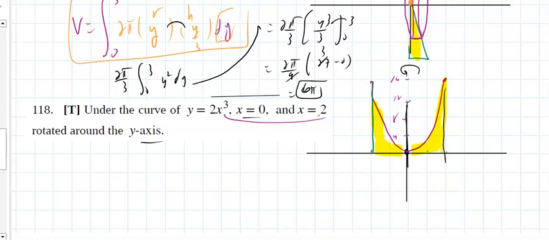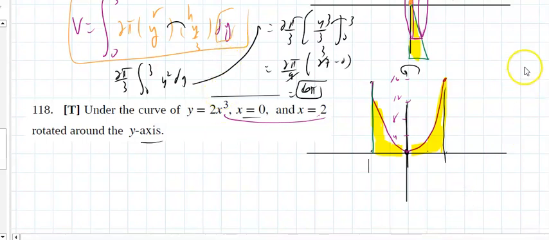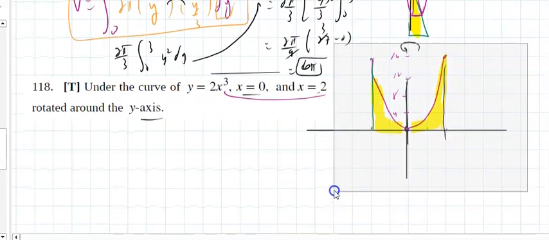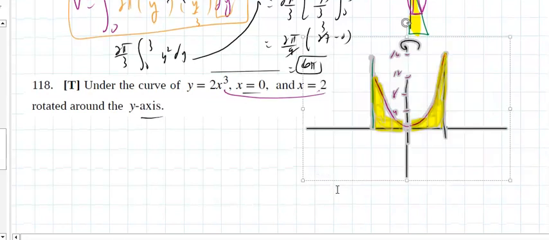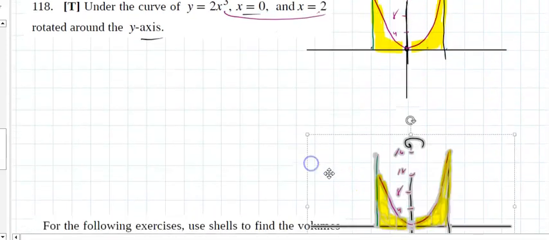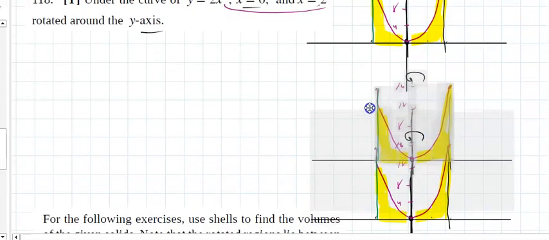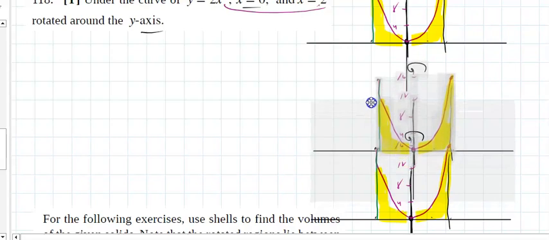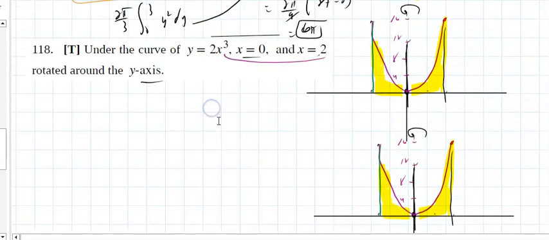Now, let me copy that so we can set them up for both directions. Hopefully that's going to pick it up. That's pretty good. So here I'm just going to set them up. Okay.